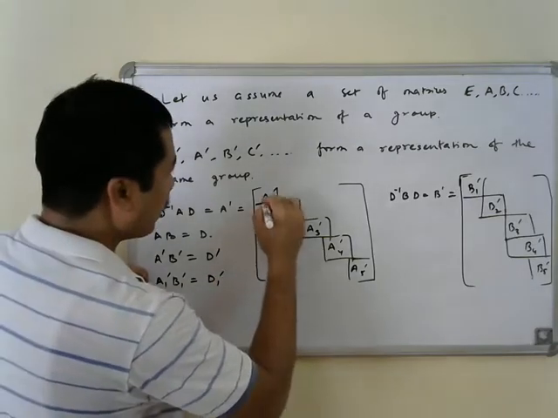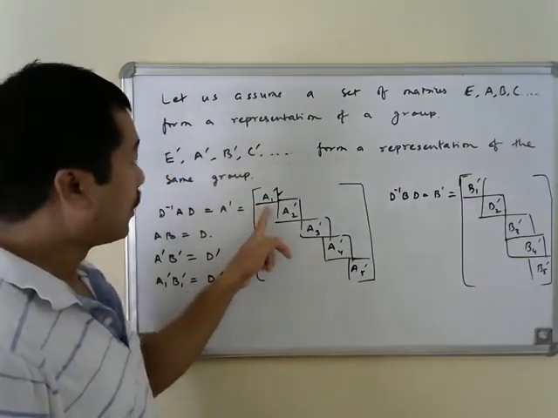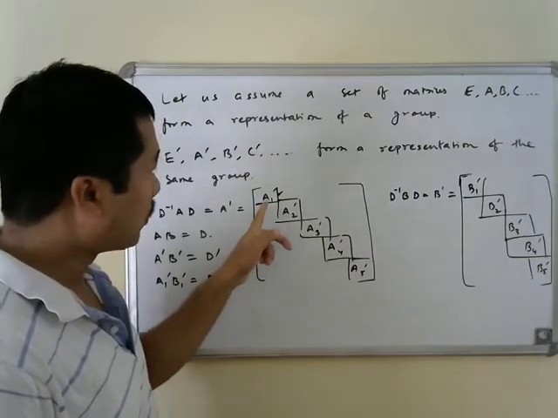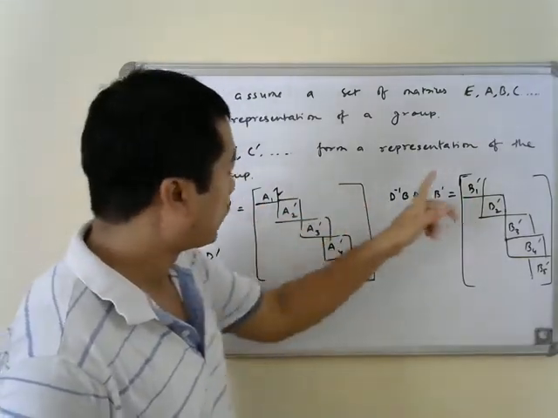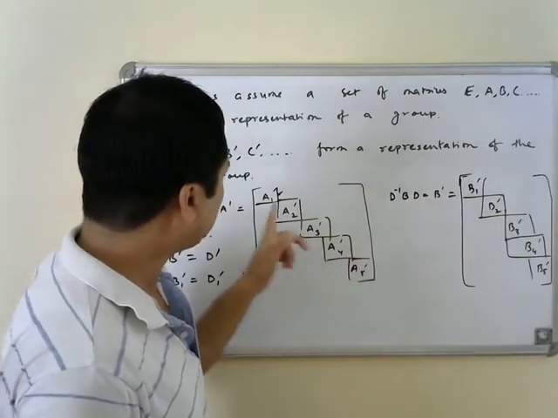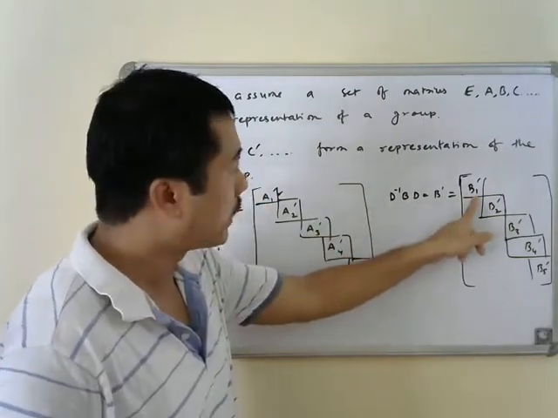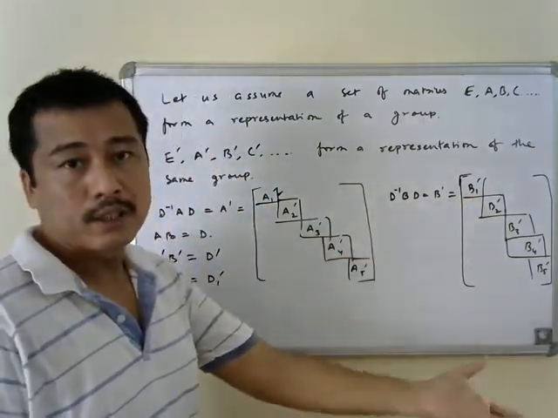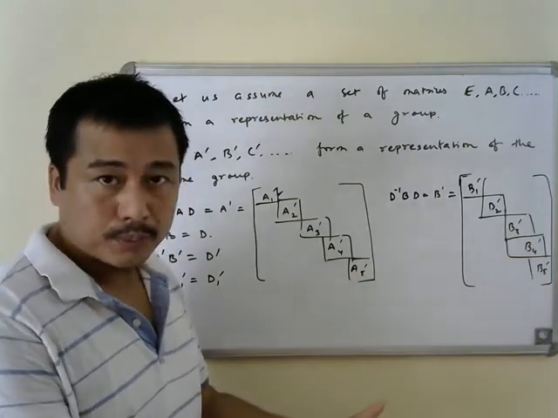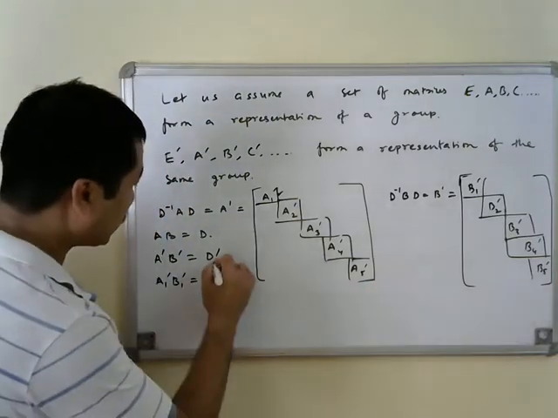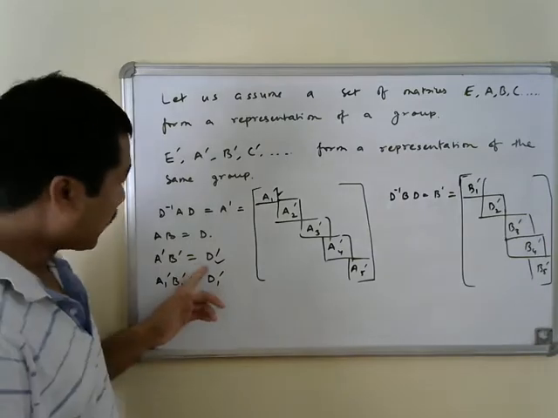That is, when we multiply the corresponding blocks, A1 dash with B1 dash, we get D1 dash, the corresponding block in the resulting D dash matrix.